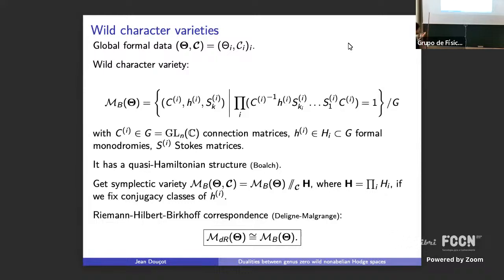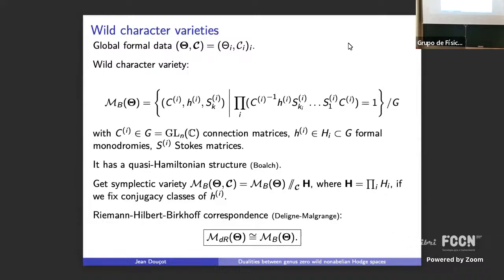And the nice thing is that, as in the regular case, if you do that, you have a one-to-one correspondence between irregular connections and their Stokes data. So you get an isomorphism between a moduli space of irregular connections with prescribed irregular class theta, and the wild character variety of the Stokes data whose shape is determined by theta.